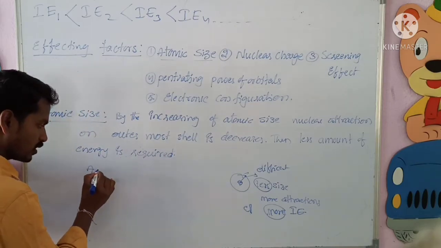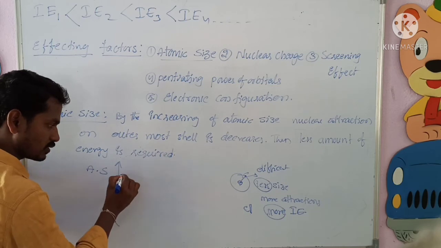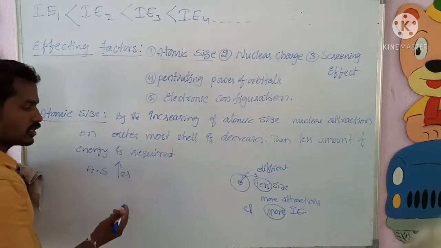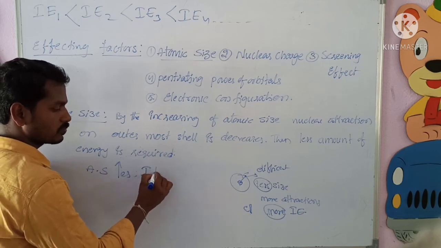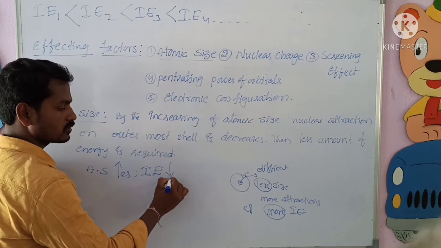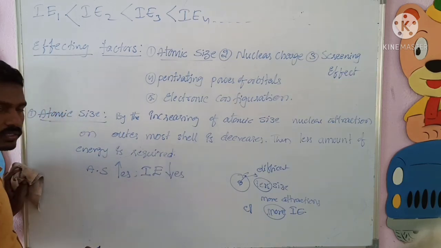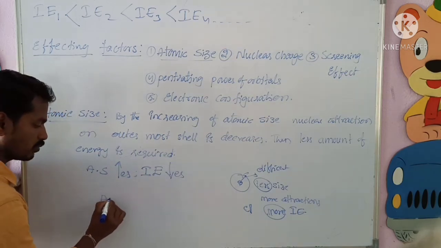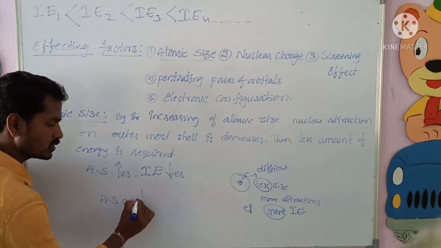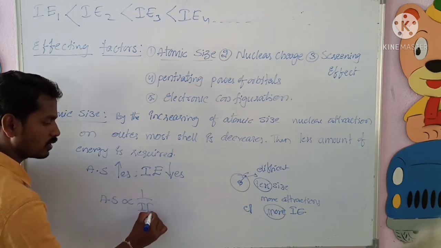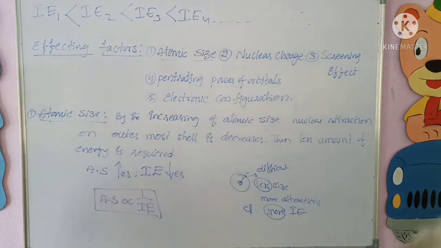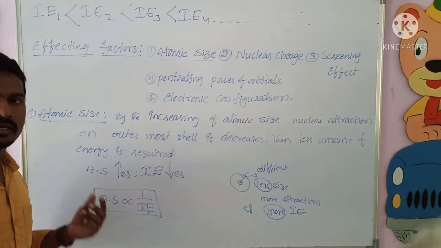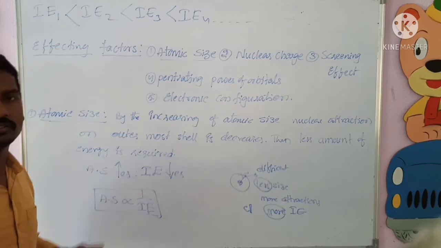Here atomic size increases, ionization energy decreases. Atomic size and ionization energy are both inversely proportional. This is the relation between atomic size and ionization energy.